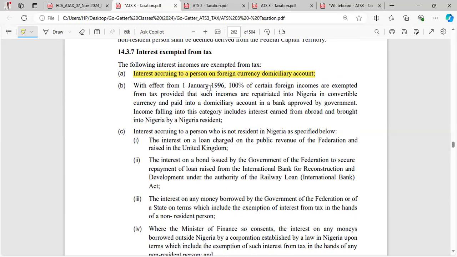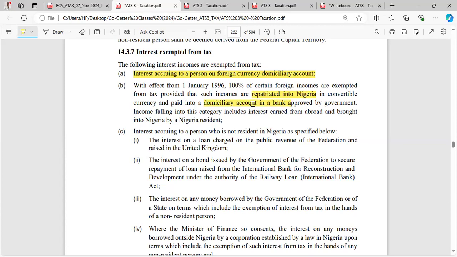With effect from January 1, 1996, 100% of certain foreign incomes are exempted from tax as long as these incomes are repatriated into Nigeria. It means brought into Nigeria in convertible currency and paid into a domiciliary account approved by the government. So now, this is looking like that of the dividend.